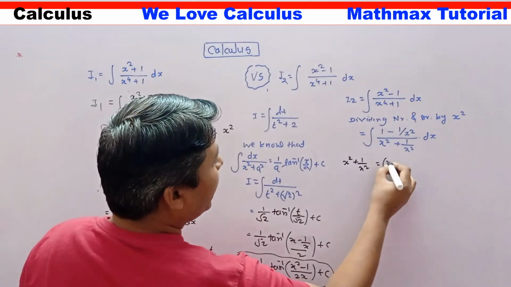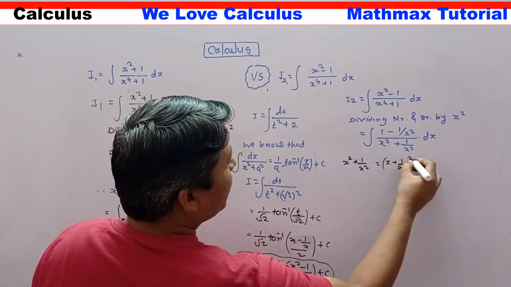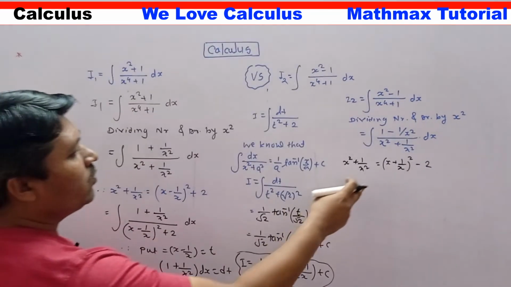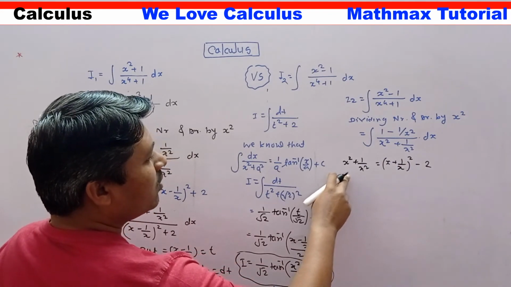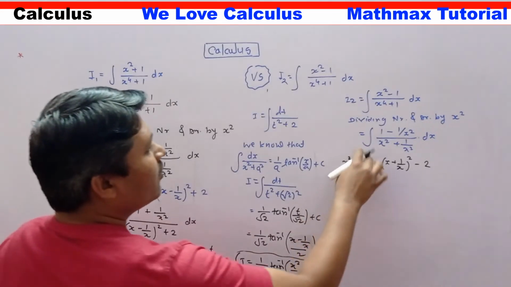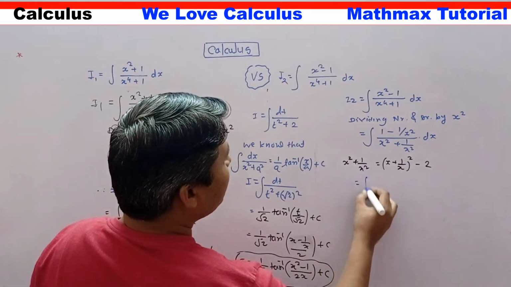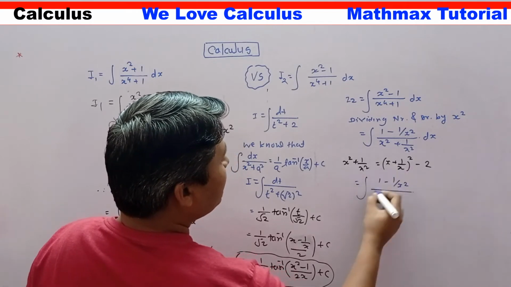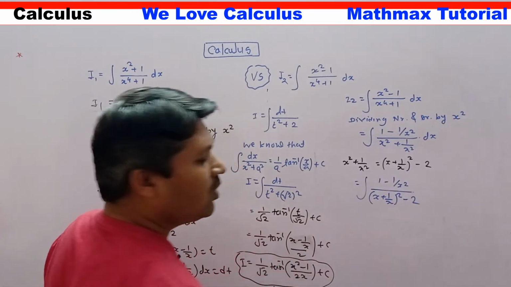We can write x square plus 1 by x square as (x minus 1 by x) whole square plus 2, but here, since the numerator differs, we replace it with (x plus 1 by x) whole square minus 2. Then the integral becomes the integration of 1 minus 1 by x square, divided by (x plus 1 by x) whole square minus 2.